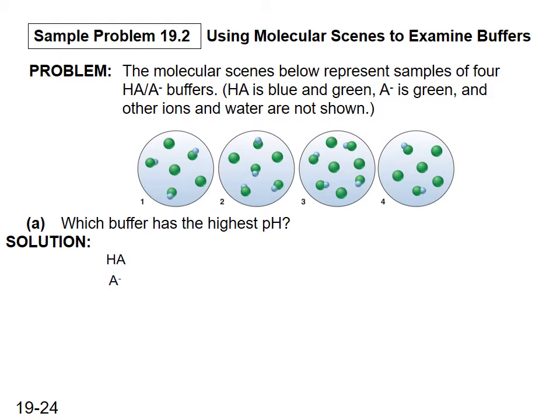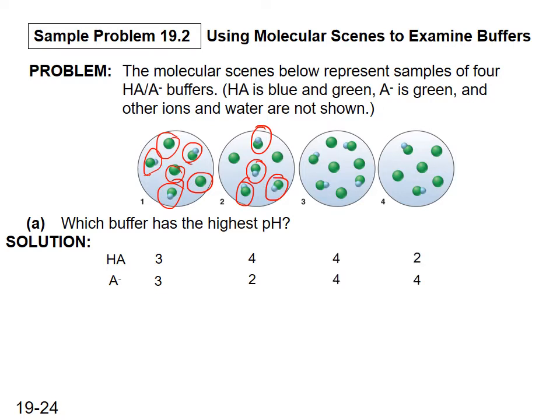So for scene A, we have 1, 2, 3 acid, and we have 1, 2, 3 conjugate base. In scene 2, we have 1, 2, 3, 4 acid and 2 bases.